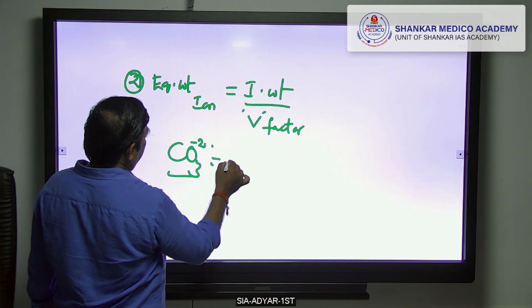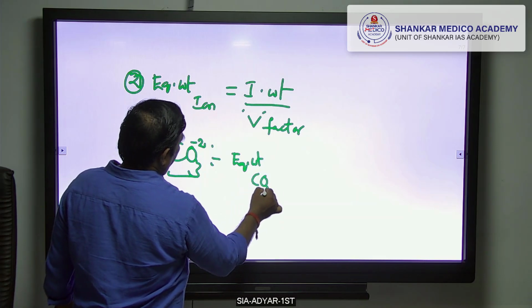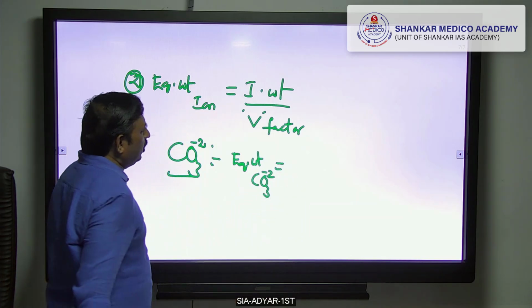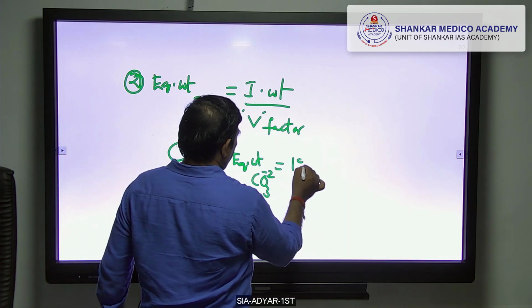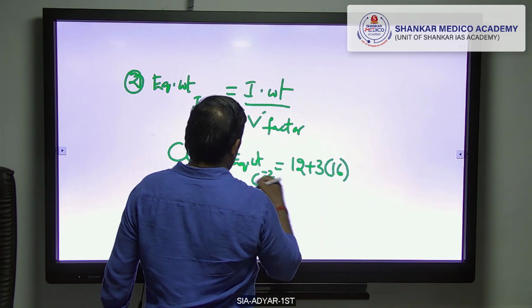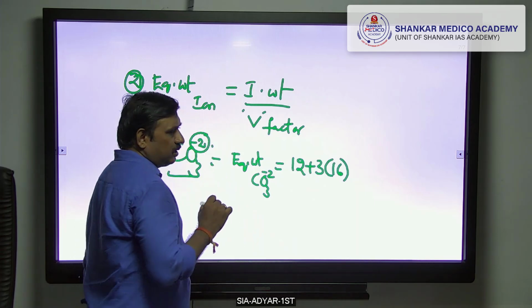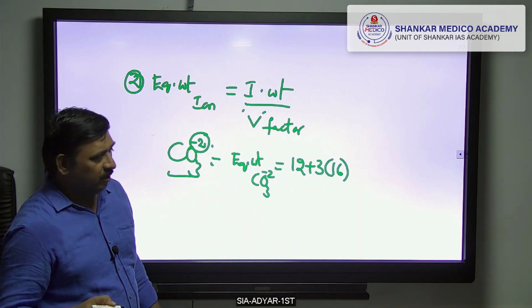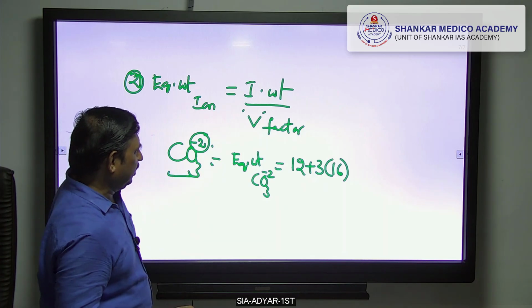How to calculate the equivalent weight of carbonate ion? It is equal to the ionic weight of carbonate ion. Carbon atomic weight is 12, 3 oxygens, 3 into 16, each oxygen atomic weight being 16. There are 2 extra electrons, but electron mass is negligible, so that is nothing but the molecular mass of CO3.